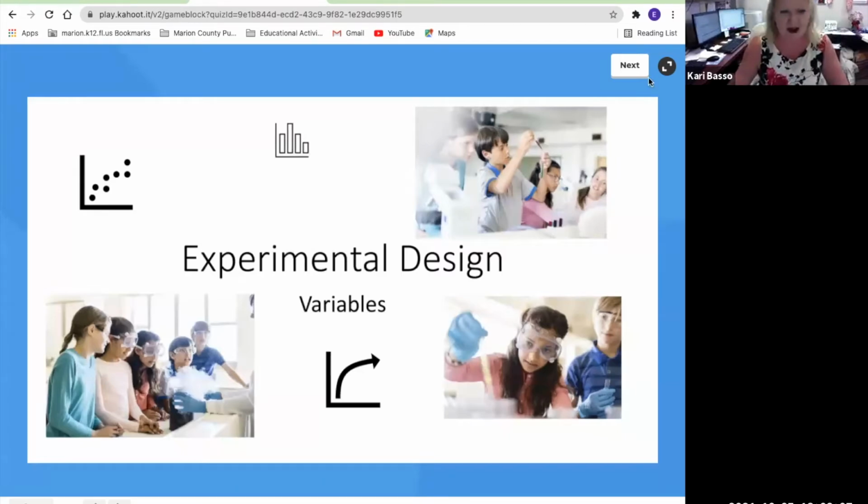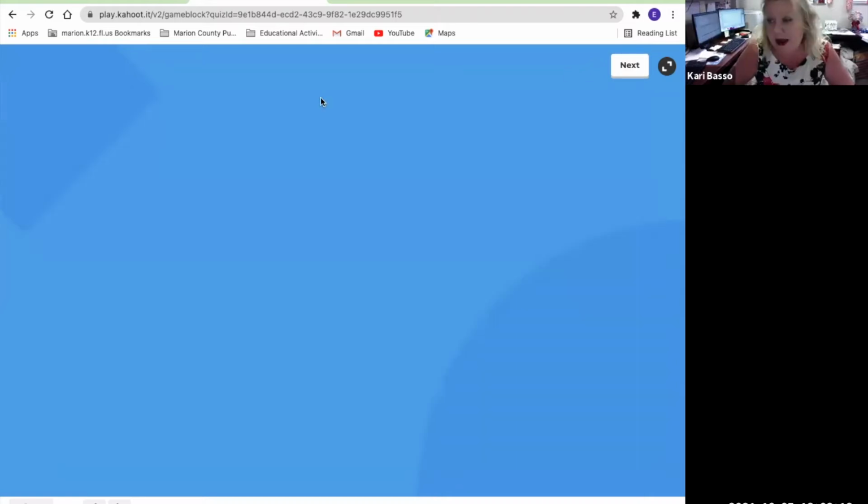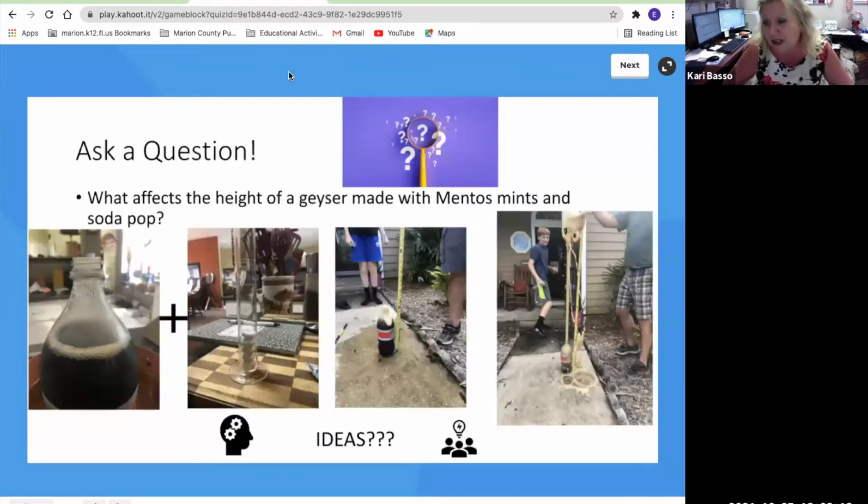All right, so when we do an experiment, the first thing that is involved is someone asks a question. Why is this happening? How is this happening? And so our question today is, what affects the height of a geyser made with Mentos mints and soda pop?